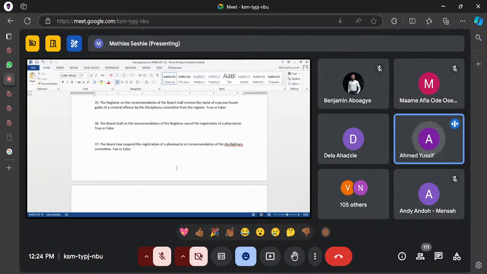For cancellation, the first point is convicted of an offense under this part of the regulation, you've lost the qualification on the basis of which registration was made, sentenced to a term of imprisonment for a criminal offense, then fails to comply with the penalty imposed.